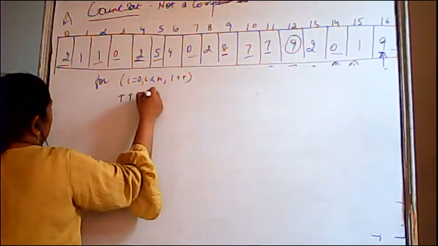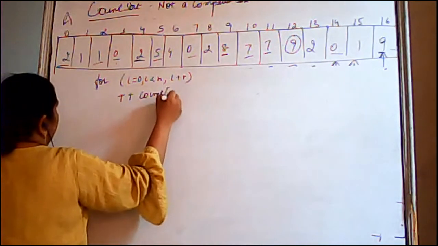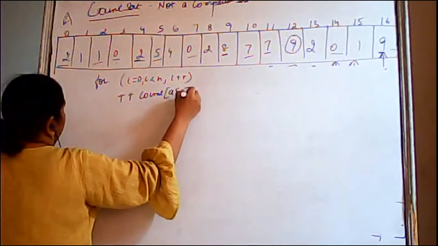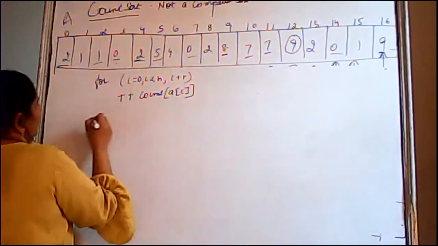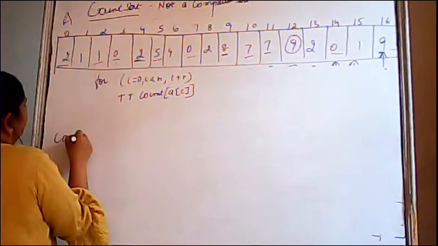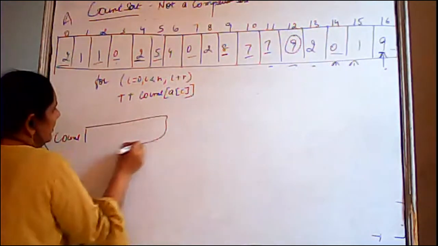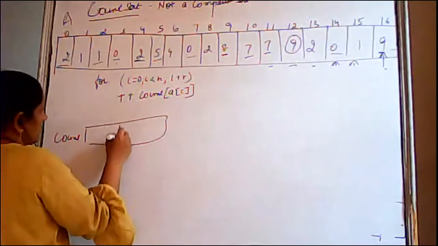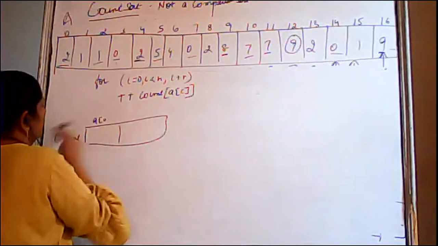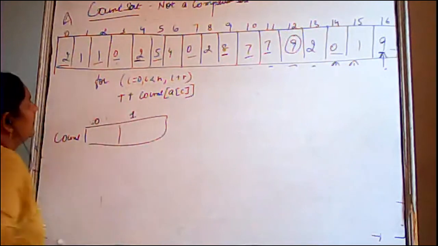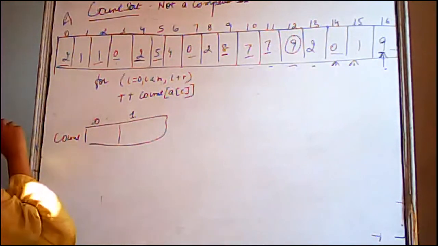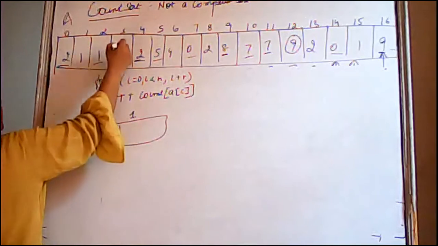Plus plus count of A of I. Now what does this mean? This is the count array. I'll do it for one only. So this is A0, 0, 1. Okay. Now, what we are doing, this is your A0.